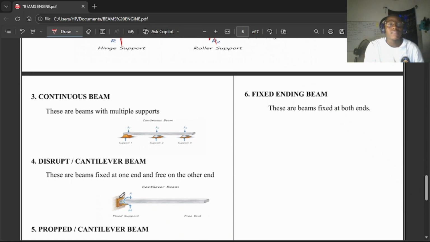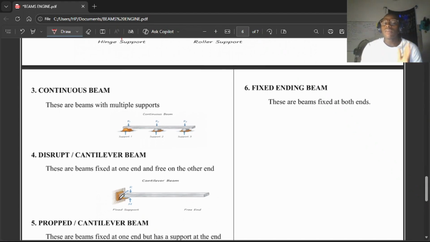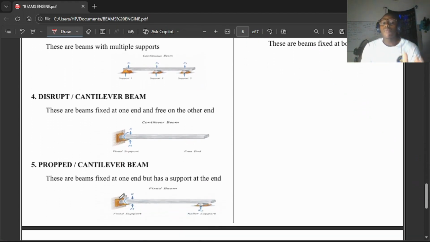Am I communicating? So in essence, when you have a distal cantilever beam, it simply tells you that for my beam, I'm always having a fixed support at one end, whether at the right or the left. But a propped cantilever beam is a beam that is fixed at one end but has a support at the other end.